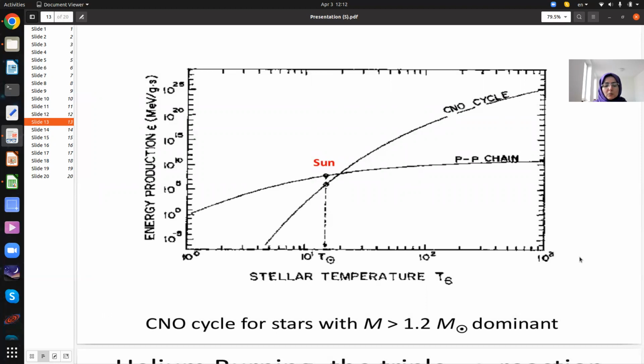The PP chain is more important in stars with mass less than that. So we have a PP chain in our sun and the CNO cycle for stars that have more mass than our sun.